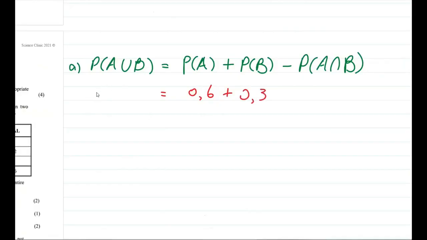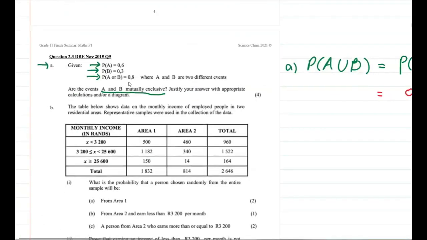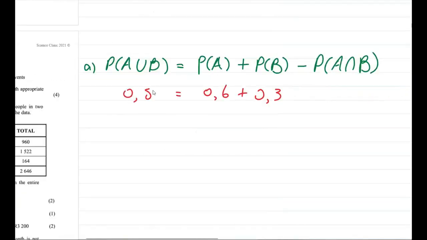And the probability of A or B, 0.8. Now all we're going to do is solve for the probability of A and B. And if it's 0, what does that mean? That they are mutually exclusive. Now if it's not 0, then they are not, they're inclusive.